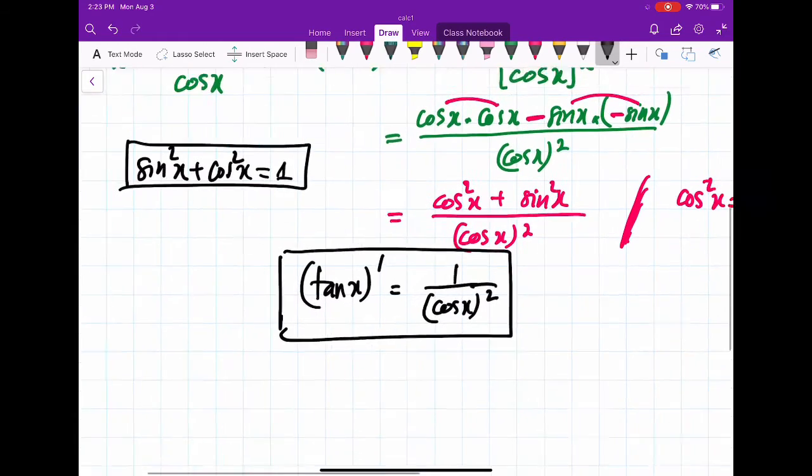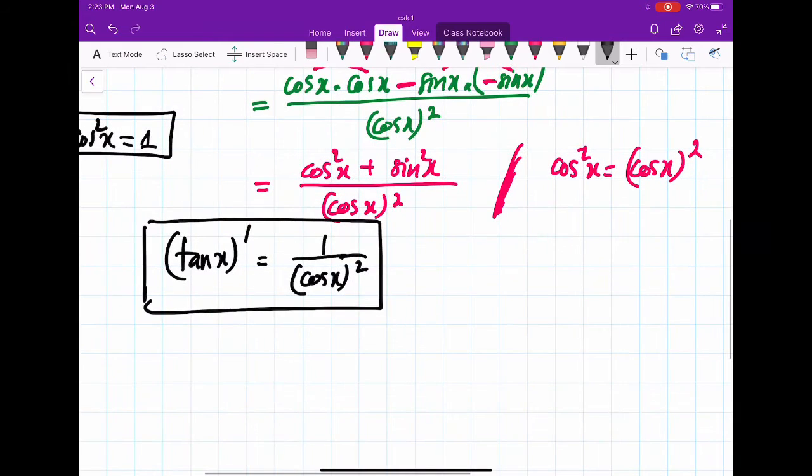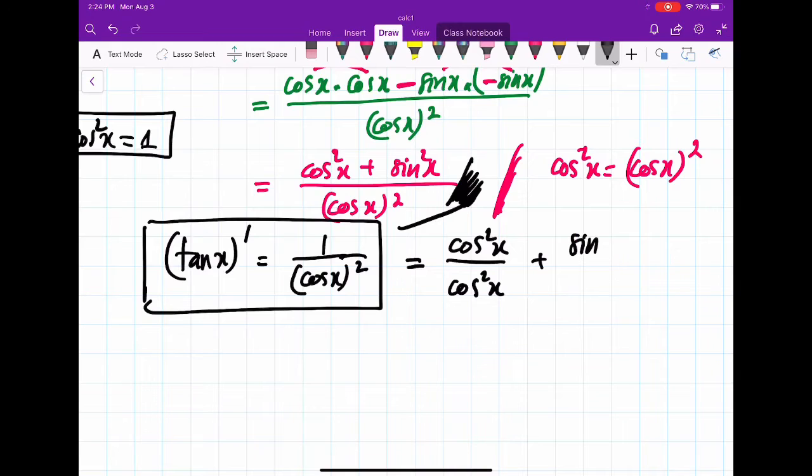Okay? If you want to break this function into two functions, what do you have? I can write, okay, I copy in here: this is also equal to cosine square x over cosine square x plus sine square x over cosine square x.